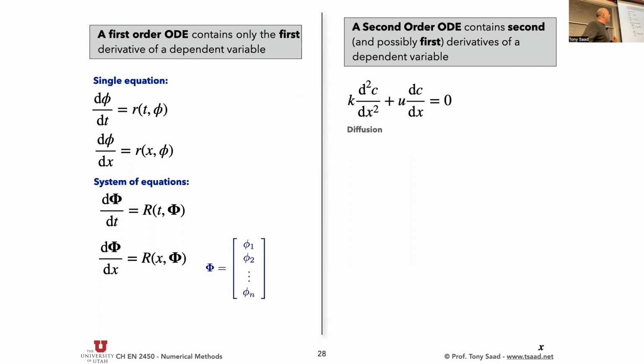Now, this first term describes diffusion, and diffusion is communication of information at the molecular level. So molecules are vibrating at the molecular level, and they're excited, right? Then the molecule next to it gets excited too, and they pass on that excitement throughout.